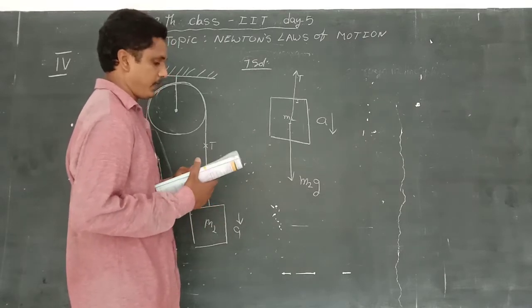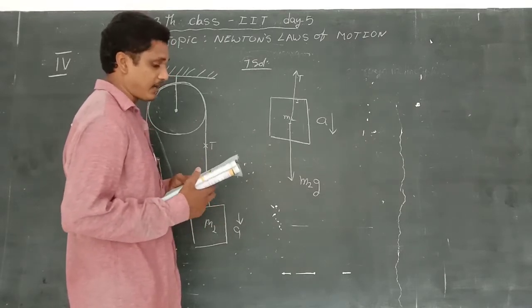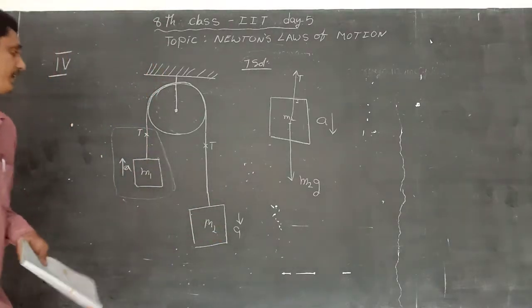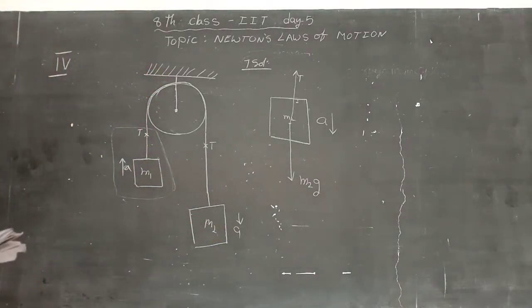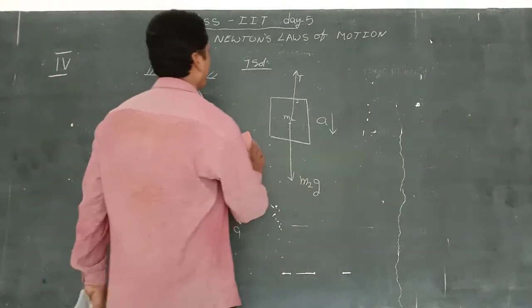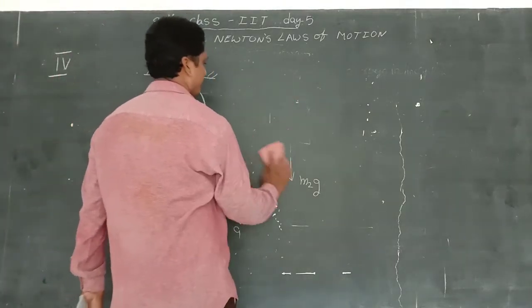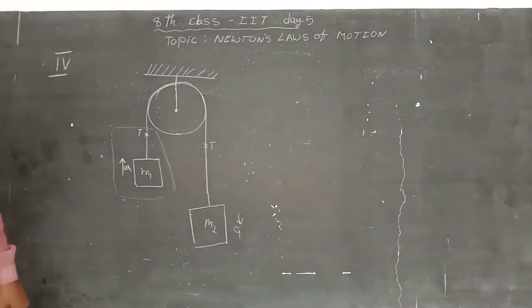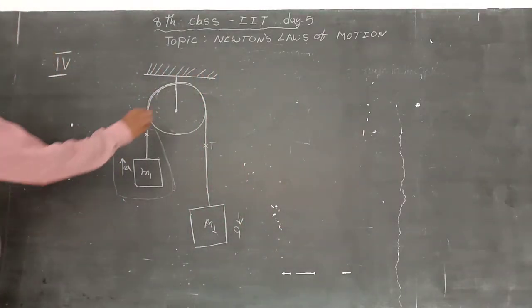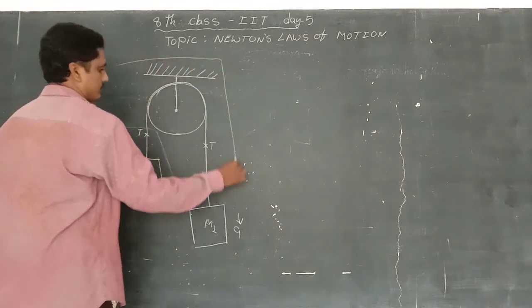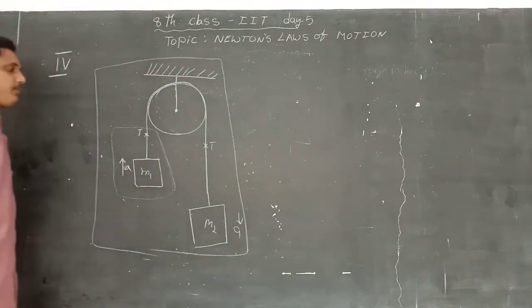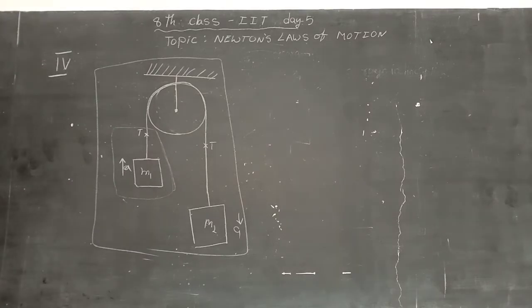Next, 8th bit. The acceleration of the system is. Consider the total system. Free body diagram of total system. What are the conditions here?